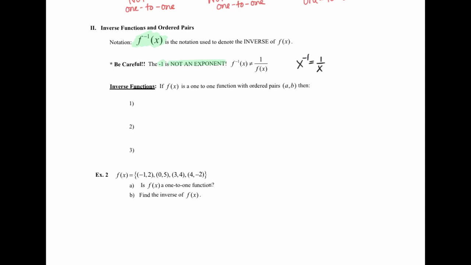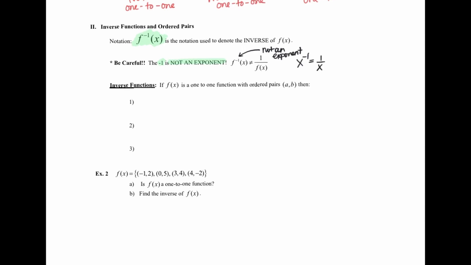That's a property of exponents when the exponent is negative. But we have to be really careful when you see this in function notation that -1 is not an exponent. So this does not mean we're doing 1 over the function f of x. This is actually a new notation that has its own meaning, and that is denoting the inverse of function f of x.